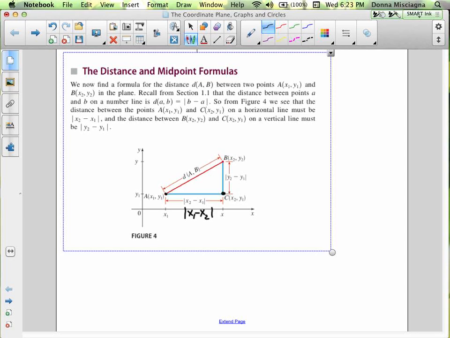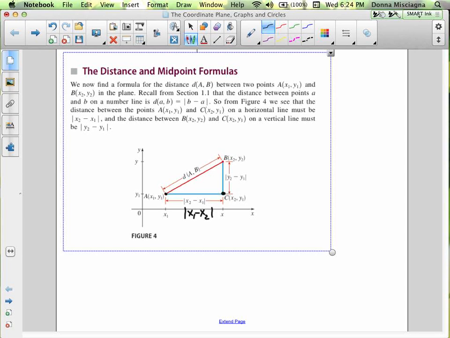Again, distance is positive, so we take the absolute value to find the length of that segment connecting points B and C. But if we want to find the distance between points A and B, we have to take into consideration the horizontal distance, and the vertical distance.